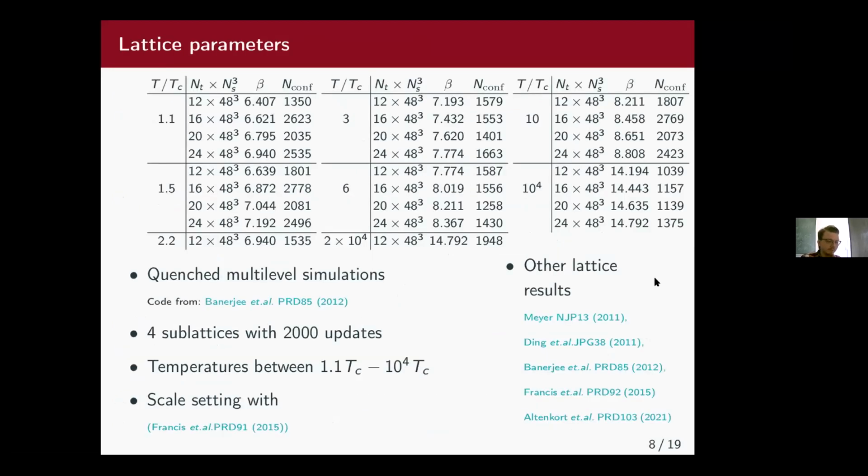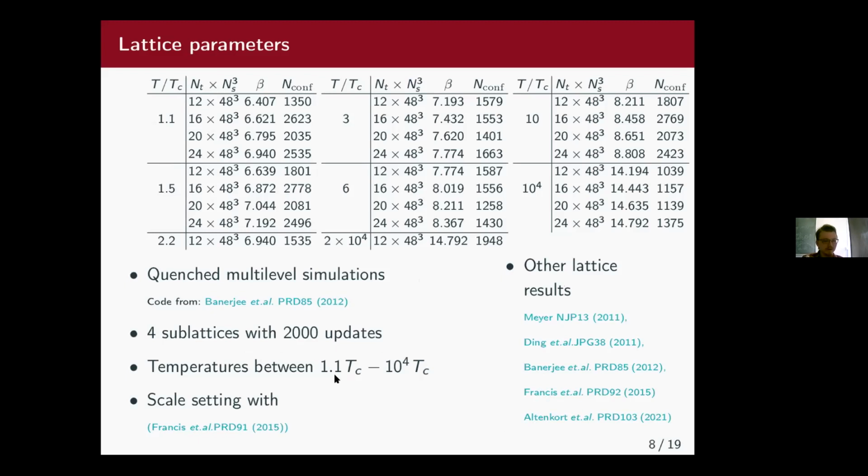Here's just the pure lattice data for anyone who's interested. Here's the list of existing lattice studies. The first four are with the multi-level, and this is a very recent gradient flow measurement by the Bielefeld group. We used the multi-level with 4 sublattices and 2000 updates.